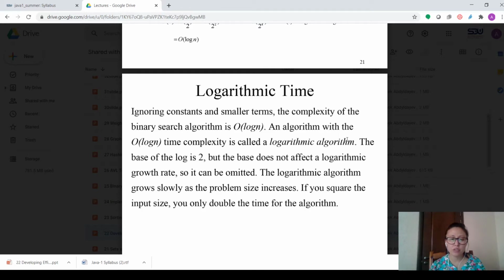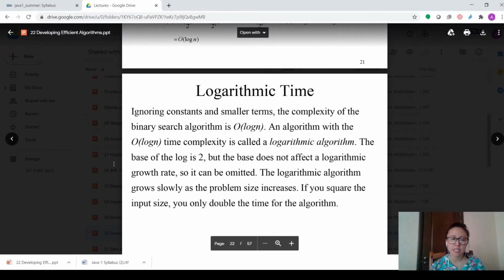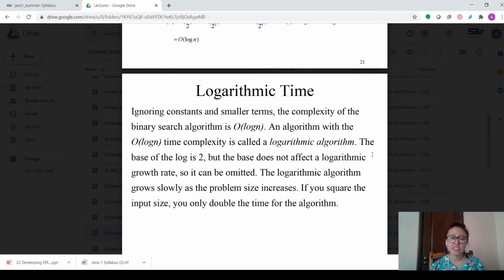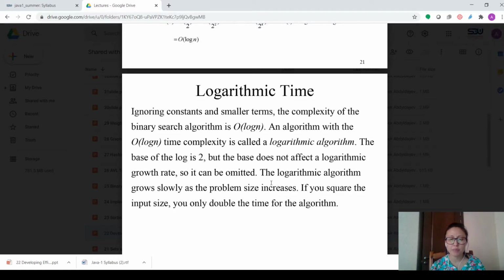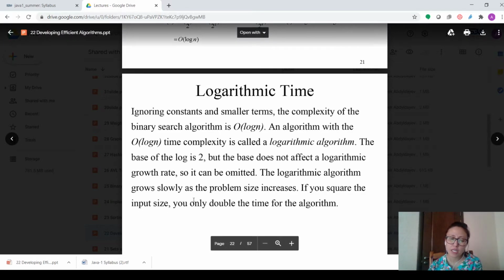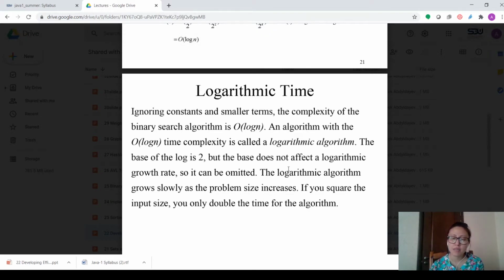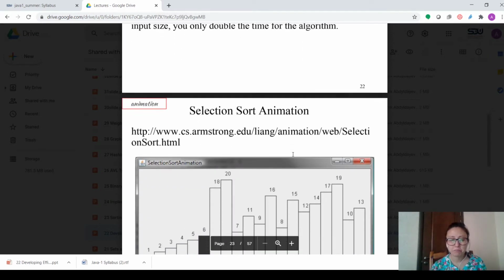The base of the log is 2, but the base doesn't affect the logarithm growth, so it can be omitted. The logarithmic algorithm grows slowly as the problem size increases. If you square the input size, you only double the time for the algorithm.